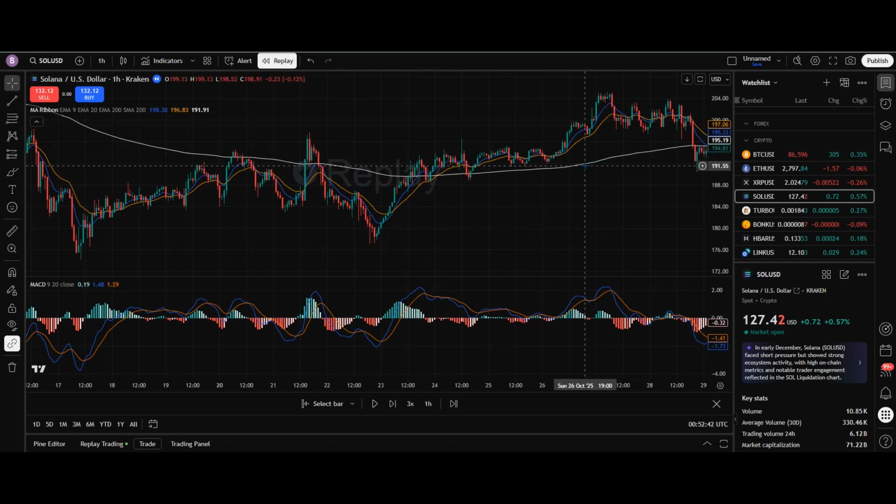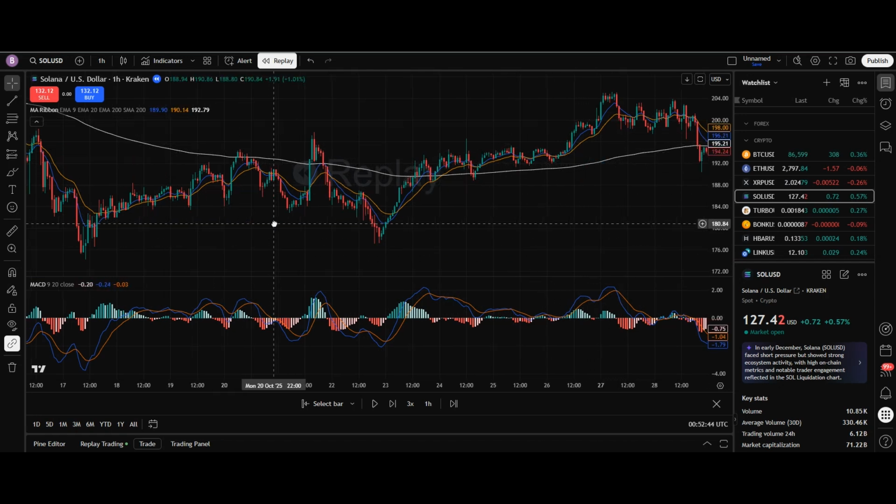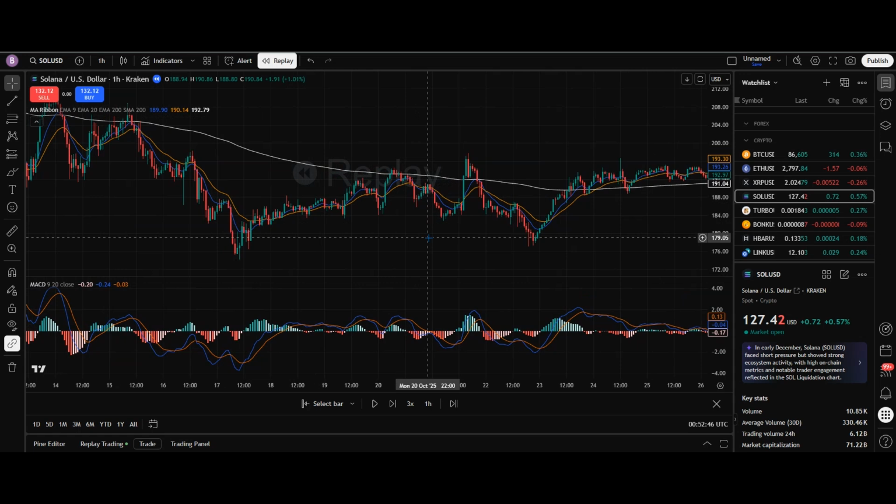How you want to use the MACD with the EMA lines is very, very similar, but there are some rules here. The middle of this histogram right here, this is what you call your zero line. Whenever the MACD EMA lines are below this zero line, you're getting into a low buy pressure zone, right?